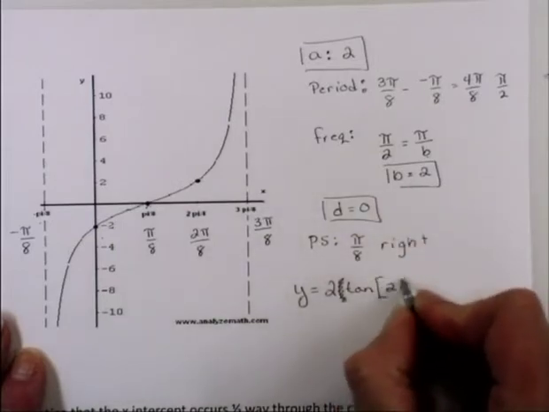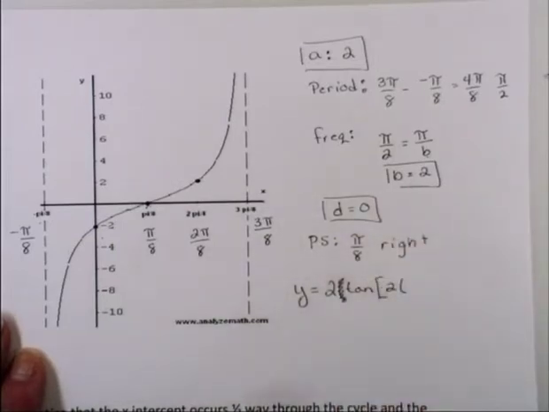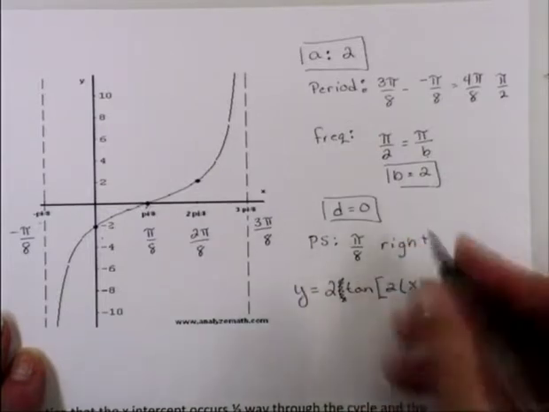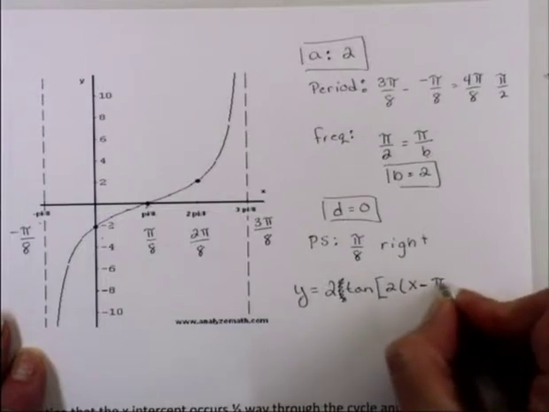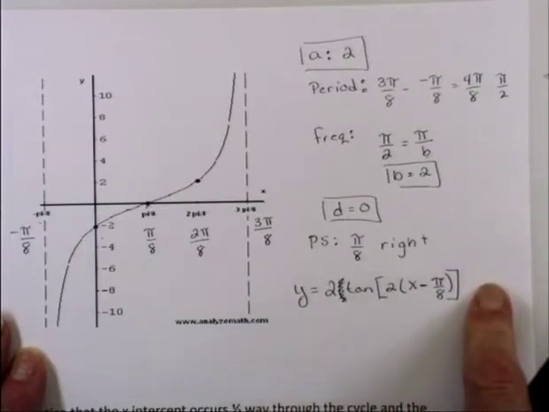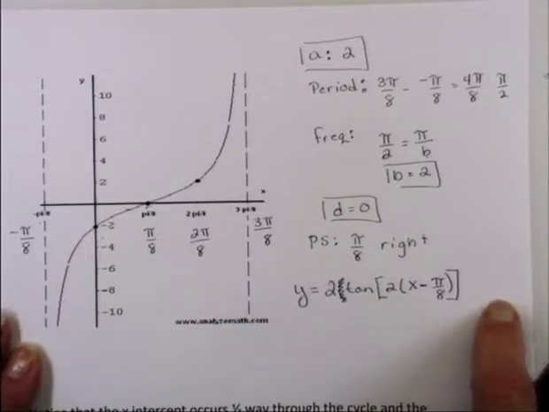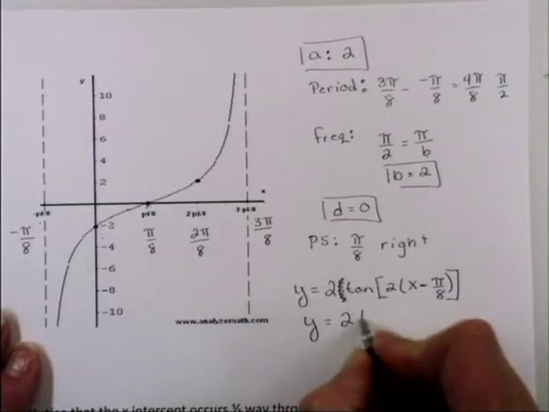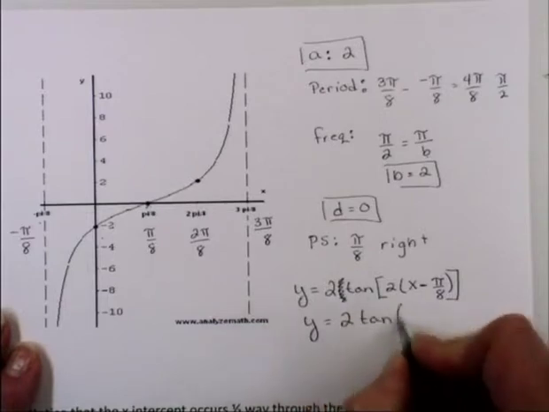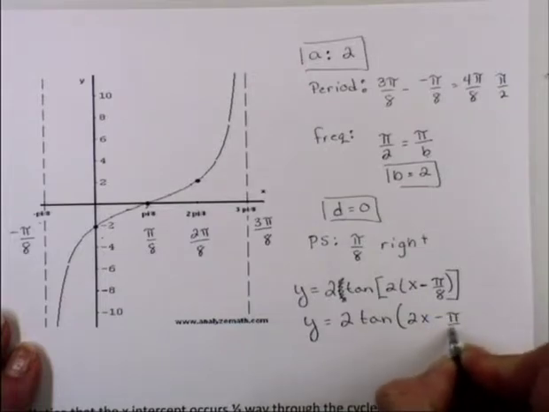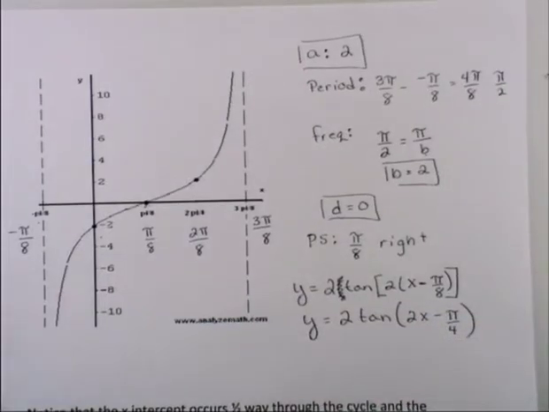And same procedure, leave it outside the parentheses until the end. And then x, we shifted right, so we want minus pi over 8 plus d. D is 0, so I don't really need it. And then finally, if you want to make it a little prettier, y equals 2 tangent, distribute, 2x minus pi over 4. And we're done.